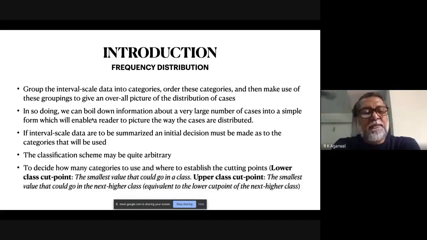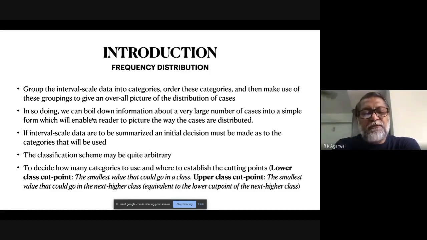And one last thing about it is, to decide how many categories to use and where to establish the cutting points, we have to take a call. What is a cutting point? So there are two things, lower class cut point and the upper class cut point. Lower class cut point is the smallest value that could go in a class.